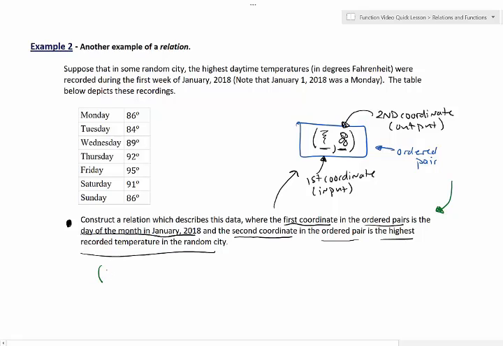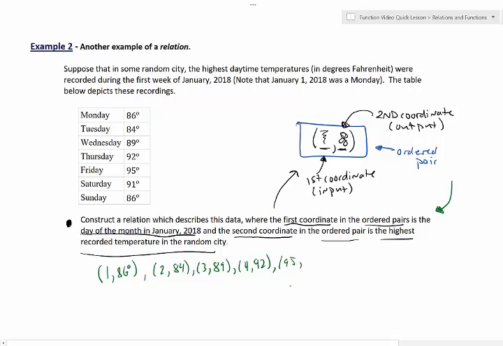Well, first day of the month is the first, and it was 86 degrees Fahrenheit. Second one, Tuesday, 84 degrees. Third day, Wednesday, 89 degrees. Thursday, that's the fourth day of the week, 92 degrees. The fifth day, Friday.